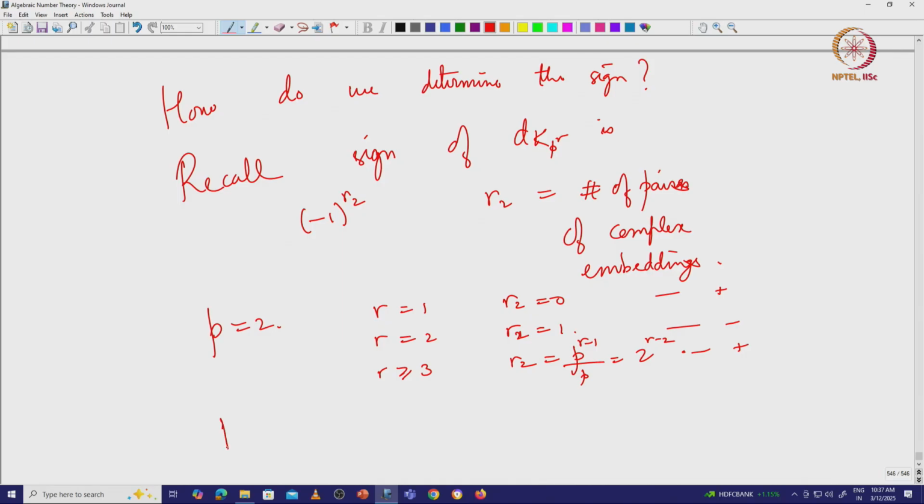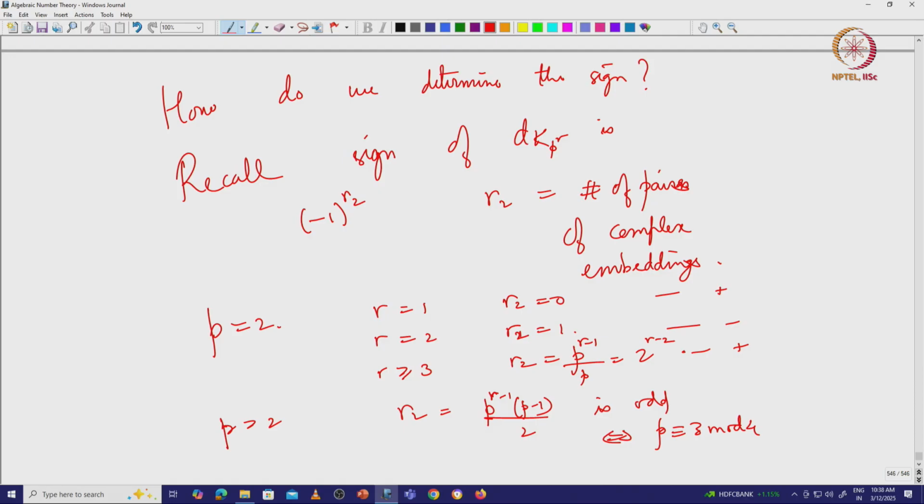What about p bigger than 2? Well, whatever r is, r2 will always be p^(r minus 1)(p minus 1) by 2, right. And this is odd if and only if p is congruent to 3 mod 4, right. So, we have determined the sign as well, okay.